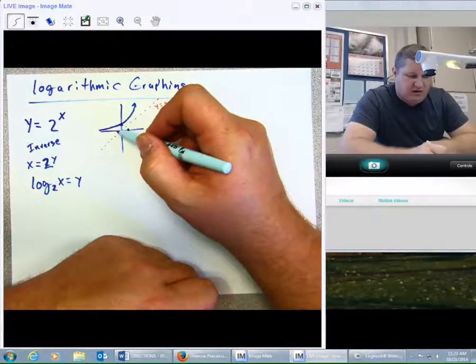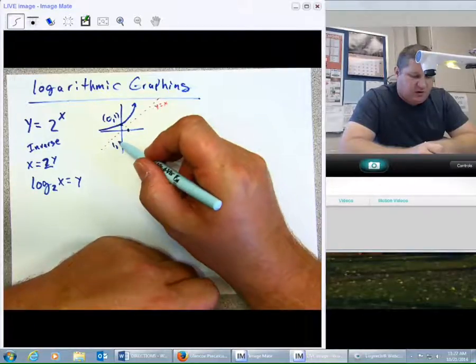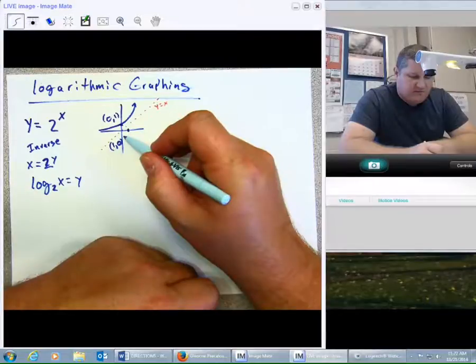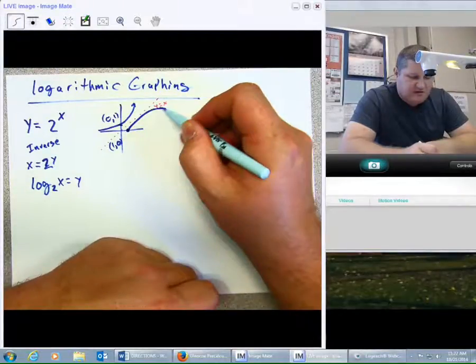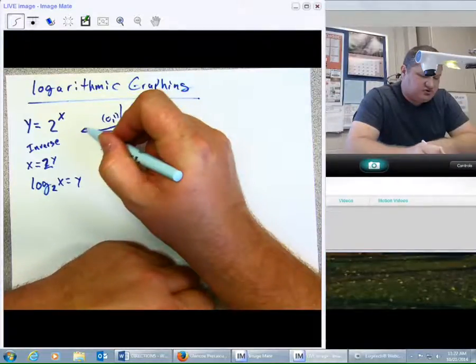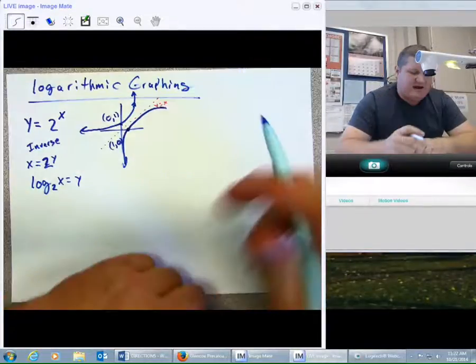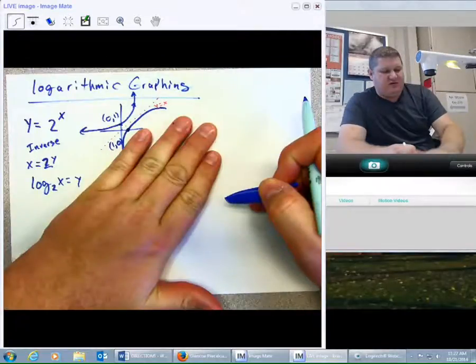So instead of (0, 1), it's (1, 0). And so in this case, it's going to look like that. And those two ought to be nice matches of one another. So I simply take it and I flip this graph over the line y equals x.